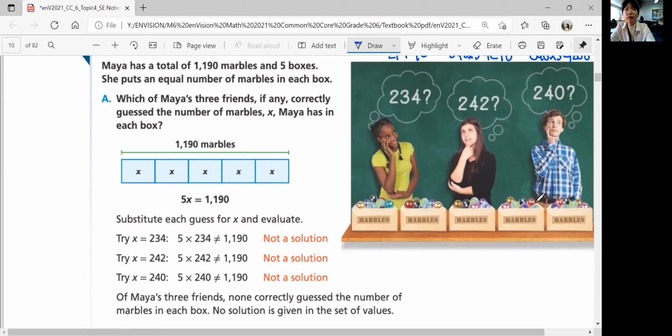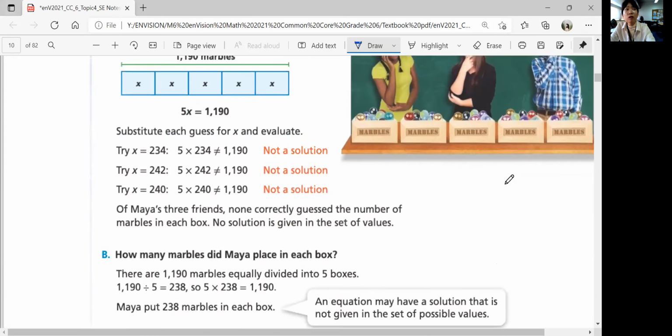So if we have a set of values and none of them are correct, then we don't have an answer among them. So how many marbles did Maya place in each box? There are 1,190 marbles equally divided into 5 boxes. So you want to divide 1,190 by 5, which is 238.